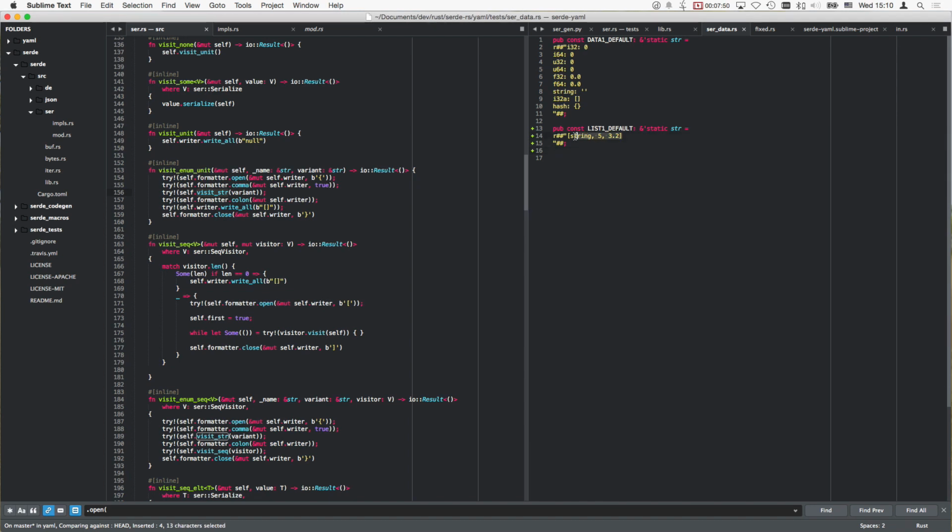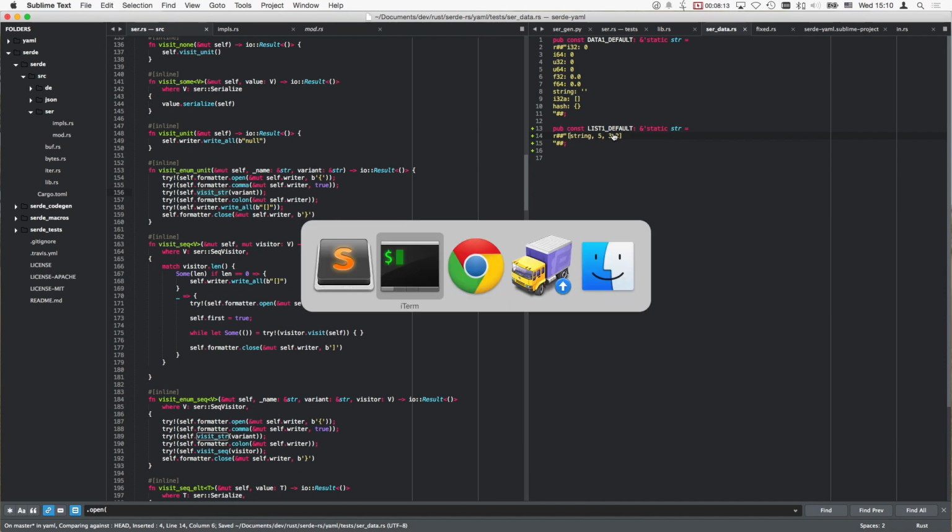So yeah, can I make him spit out a more human-friendly format as well? Like, would it also work if it would be something like this, and that, and that? I think it should be working like this. But yeah, let's see what kind of options we have for YAML dump.